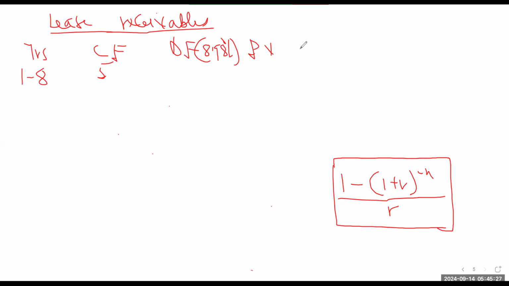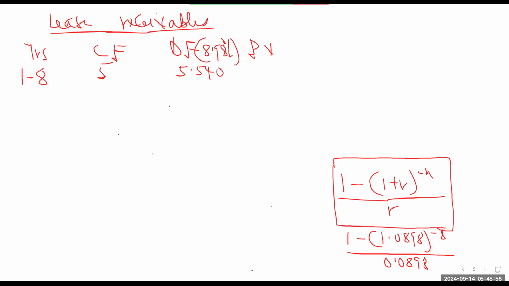What are we having? 1 minus, in bracket, 1.0898 exponent negative 8, divided by 0.0898. What are we having? 5.54. Okay, so we have 5.540.